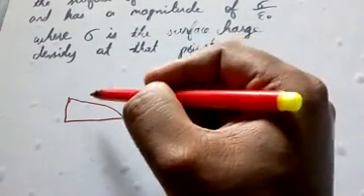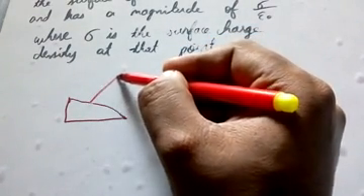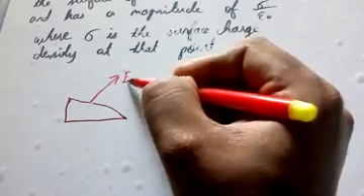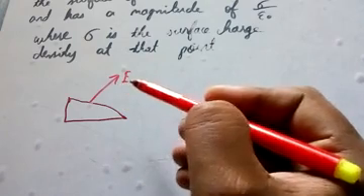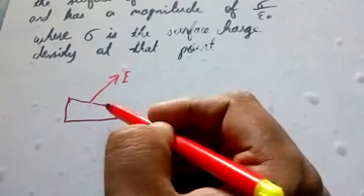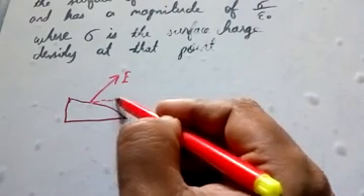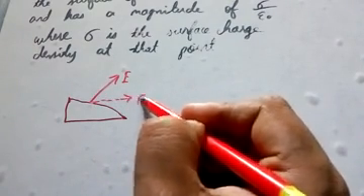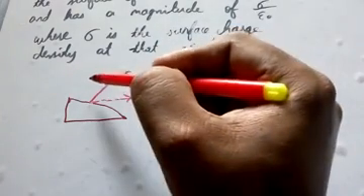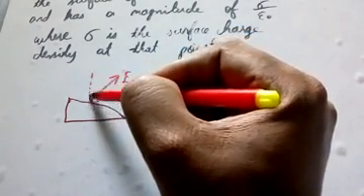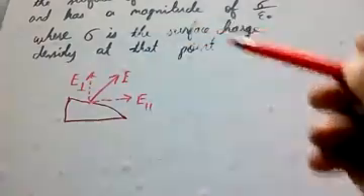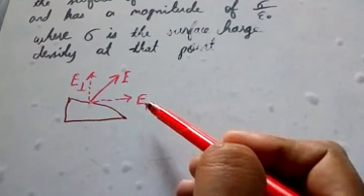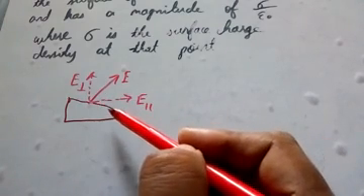Let me draw the electric field in this direction, E. Now the electric field will have two components: a parallel component, E parallel, and a perpendicular component, E perpendicular.